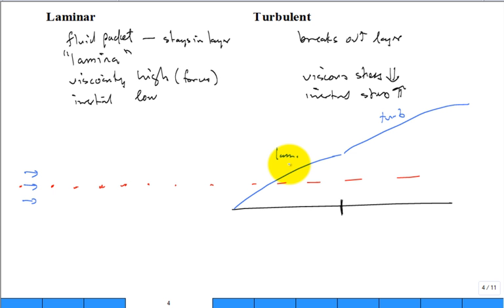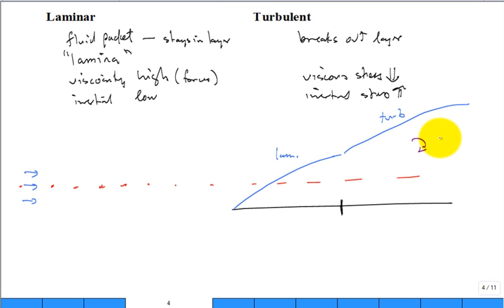In wind tunnels they work really hard to get rid of the turbulence as it approaches some test section, so they'll put flow straighteners in the wind tunnel. So you're not coming in with a bunch of turbulence, and when you hit that plate, it'll stay laminar. And then you'll get to a transition, and you'll get turbulent flow.